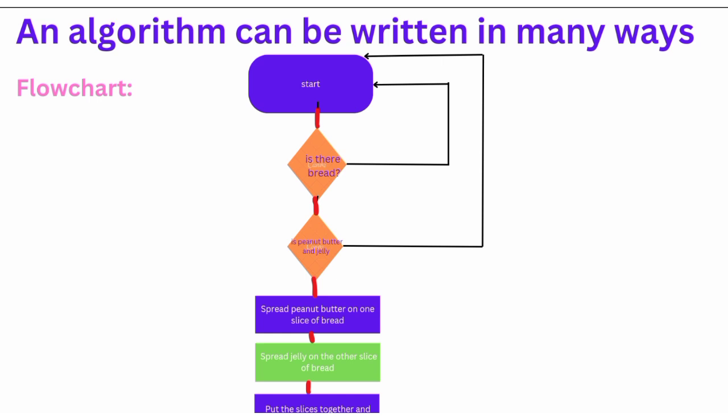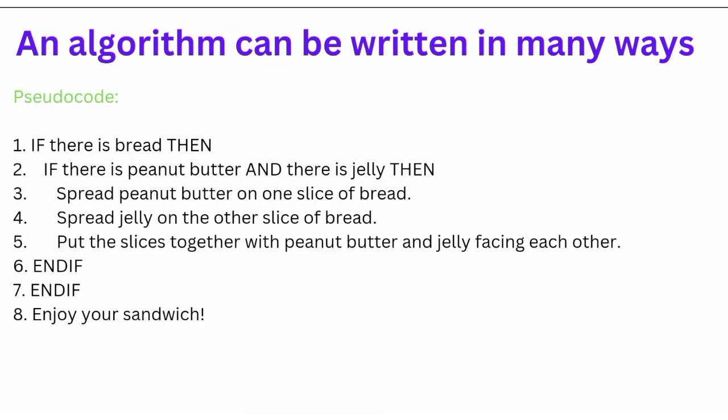Now let's see the code of this flowchart. This is the pseudocode of the flowchart. First of all we are checking whether the bread is available or not. If the bread is available, then we check whether the peanut butter and jelly are available or not.